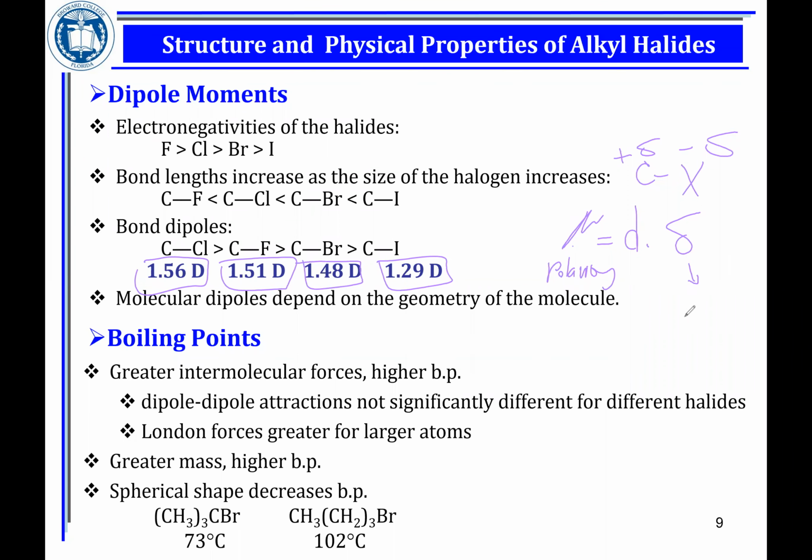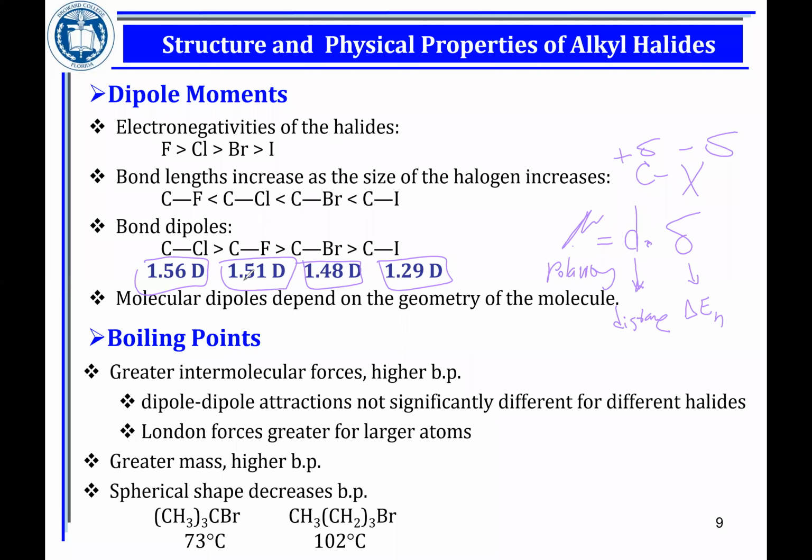Delta is the same thing as the change in electronegativity, and d is the bond length, or the distance between the two nuclei.